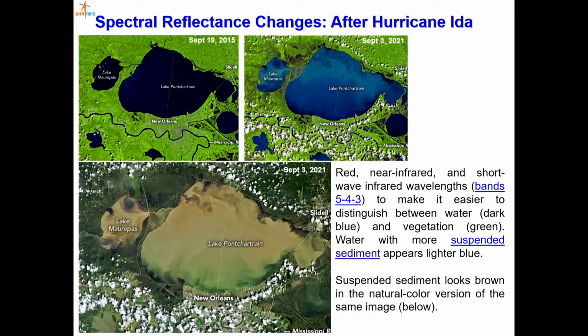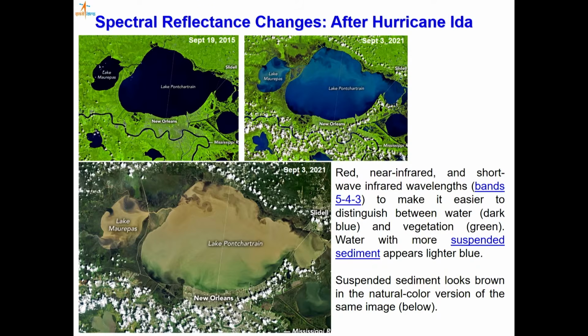In that you can see there is a little turbulence in the water, and the same image has been put down in a different combination where you see a lot of muddiness in the water. By making use of different bands, like in this case red, near infrared and short wave infrared, bands 543, it makes it easier to distinguish between water that is dark blue and vegetation that is green.